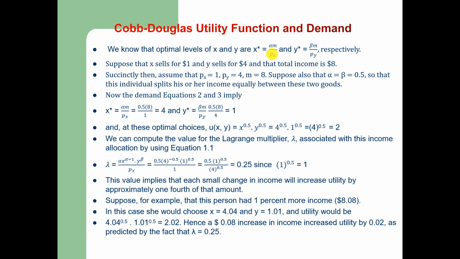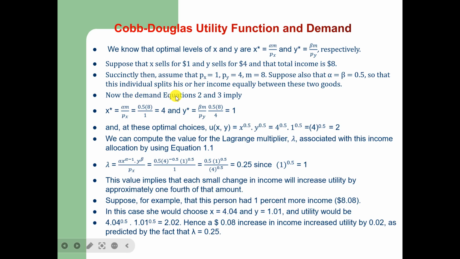Now suppose that the price of x per unit is $1 and the price of y per unit is $4, and the consumer has a total income of $8. If we substitute these values in these optimal levels of x and y, and we also suppose that alpha and beta both are equal to 0.5, so that this individual splits their income equally between these two goods.